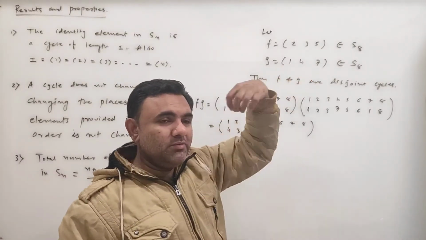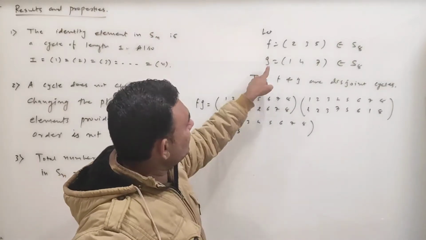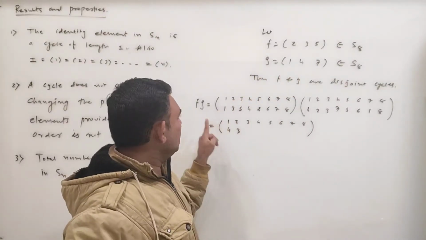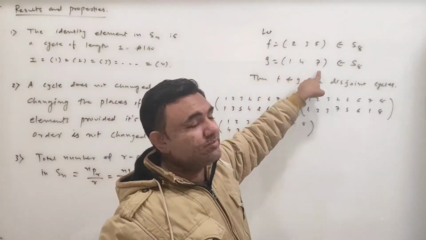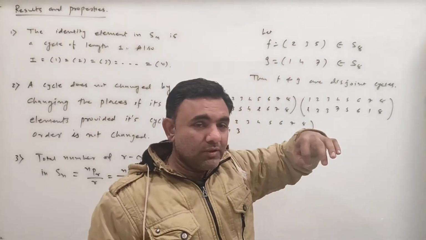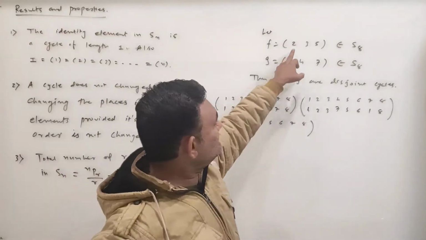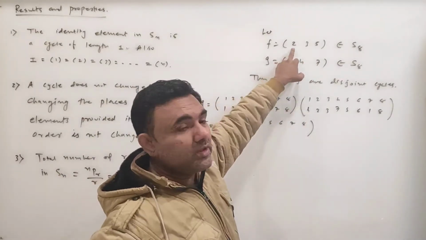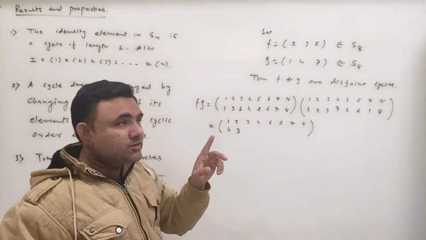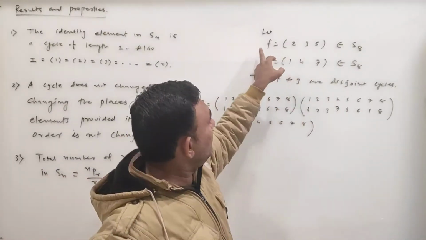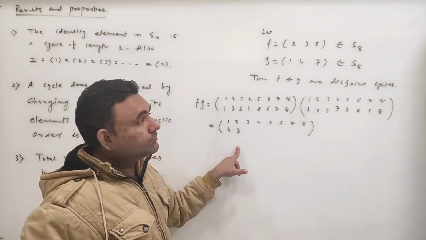So whatever the image of 1 will be, that is due to g only. So the image of 1 in g is 4, so I get the image of 1 in fg as 4. And here 3 is not present in g but 3 is present in f, right. So what will be the image of 2 in fg? Sorry, 2 is present in f but not in g. So the image of 2 in fg is due to f only, right. The image of 2 in f is 3, so in fg also the image of 2 will be 3.